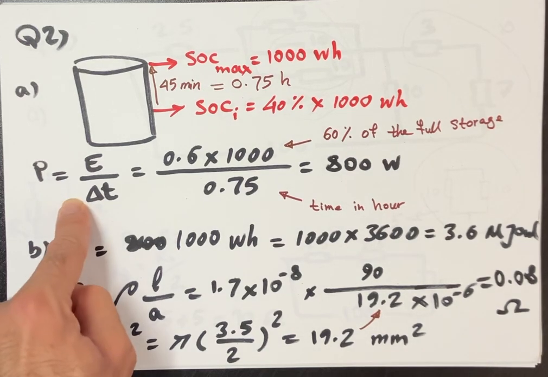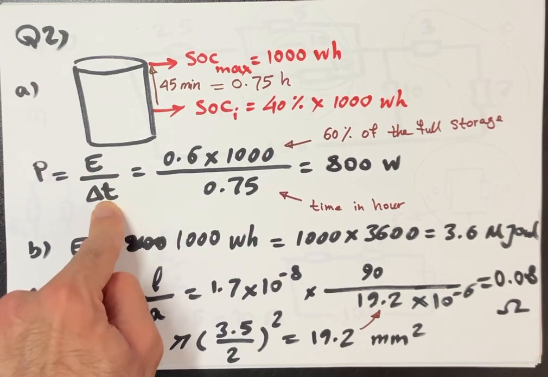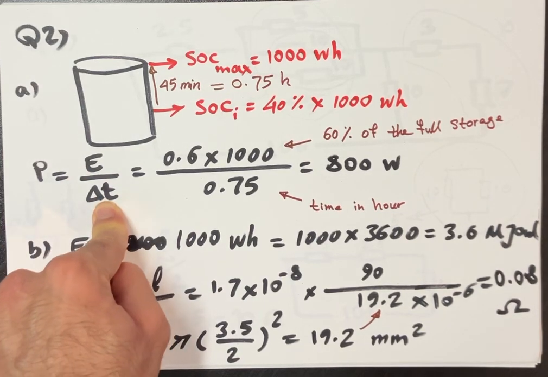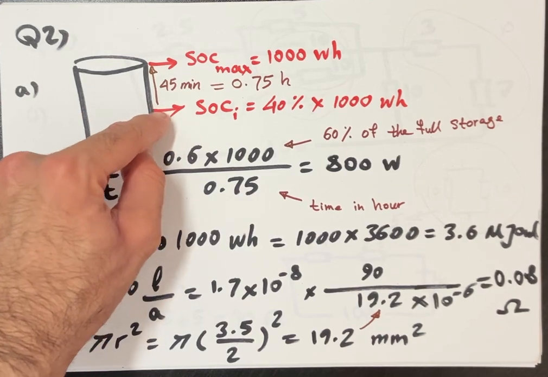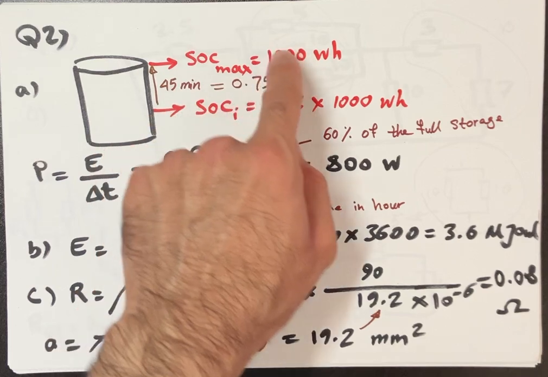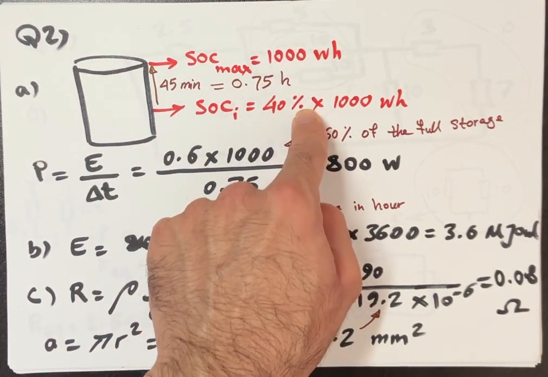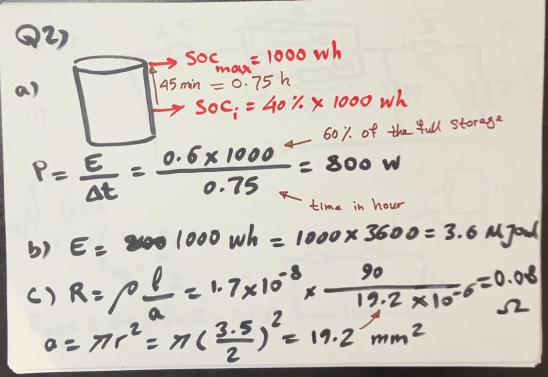We have this definition of power and energy. We say power equals energy divided by the duration of time. So energy here is the amount of energy you need to transit from this state to full state. So that is 1,000 minus 40%, or in other words, you can say it's like 60% of the capacity of the battery.